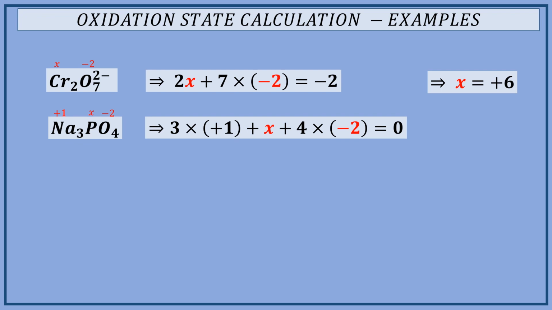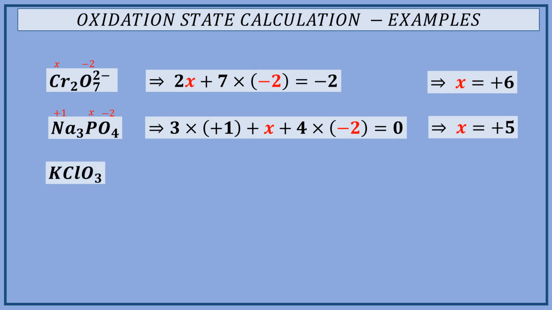This will be equal to the net charge present on this molecule, which is 0 in this case. So we have our equation in this form, and on solving for X we will get the oxidation state of phosphorus as +5.